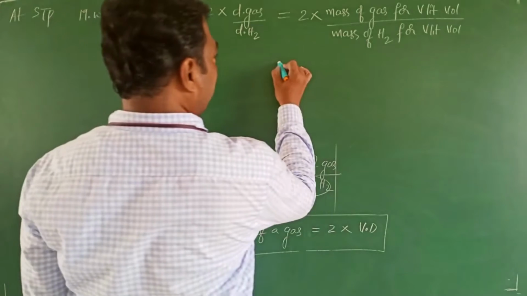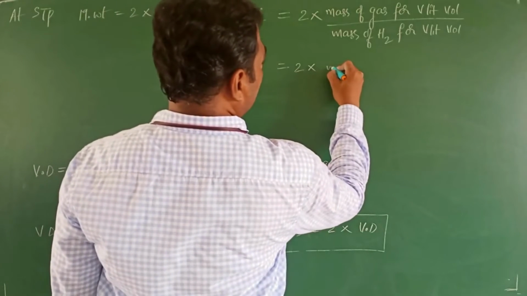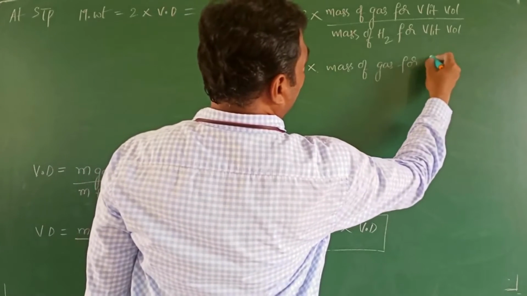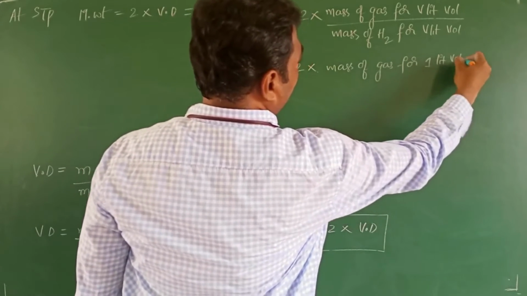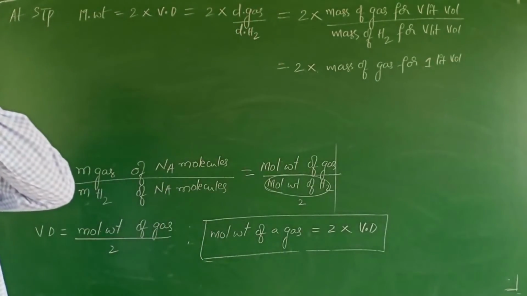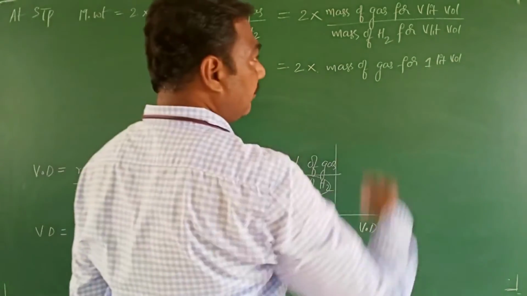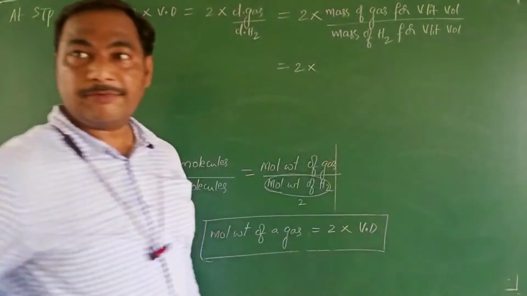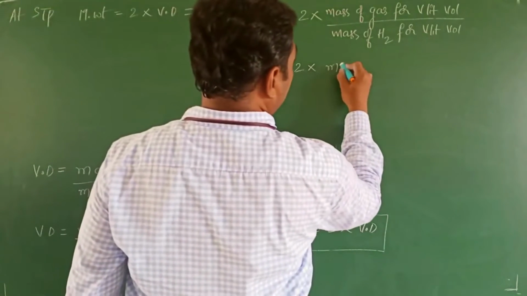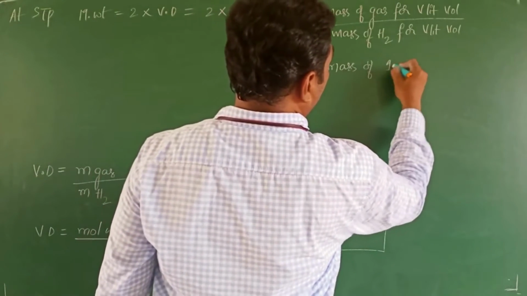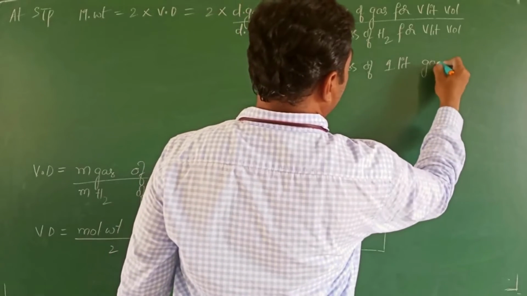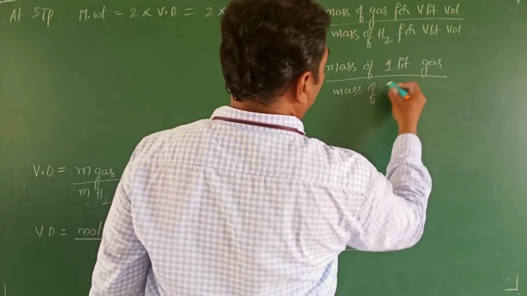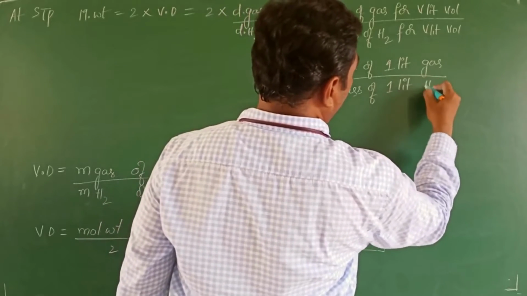Now what we will do is take the mass of gas for 1 liter volume: mass of 1 liter gas by mass of 1 liter hydrogen.